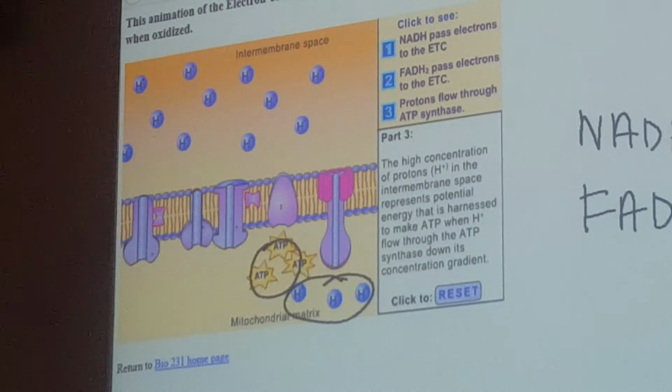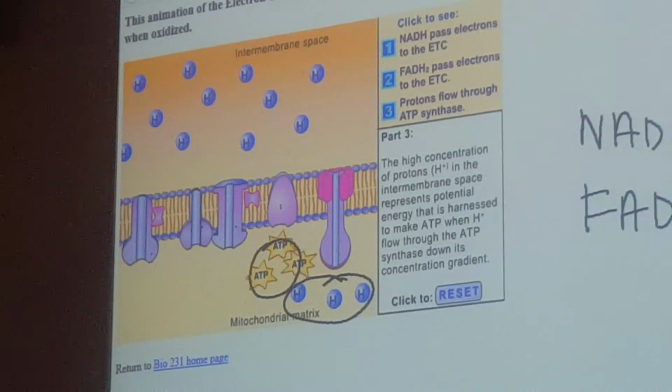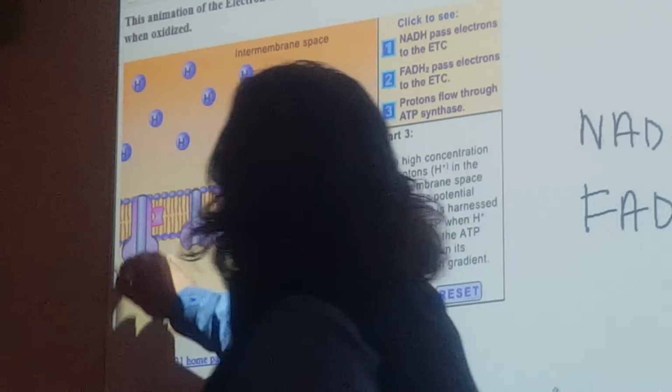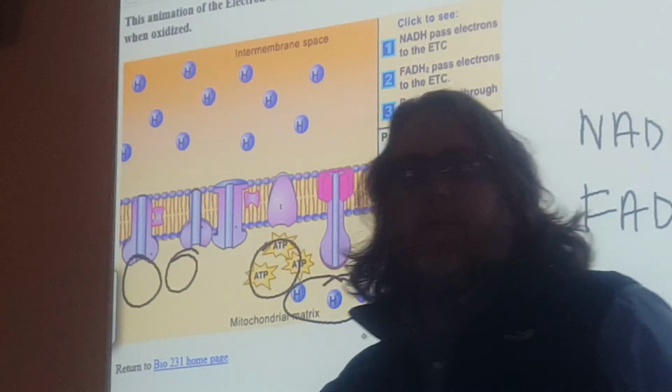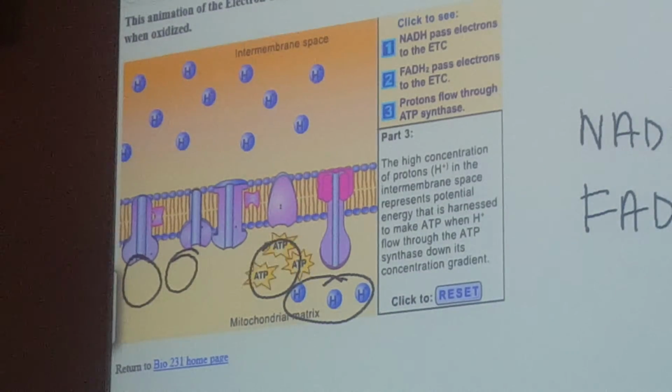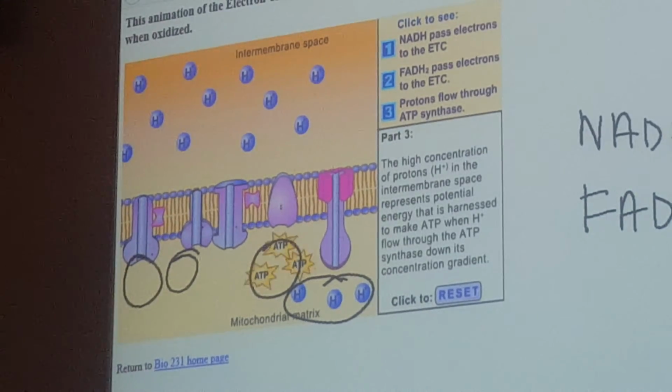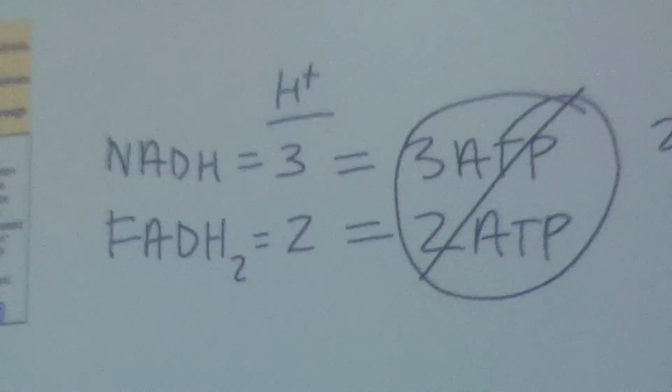The 3 and the 2 is based upon the number of hydrogens that go across and then are pumped through the ATP synthase. So now we know that you get 3 ATP, but it takes a half an ATP to get NADH and FADH here, okay? So the calculations are, now we know, 2.5 and 1.5 ATP per NADH and FADH molecule in the electron transport chain.